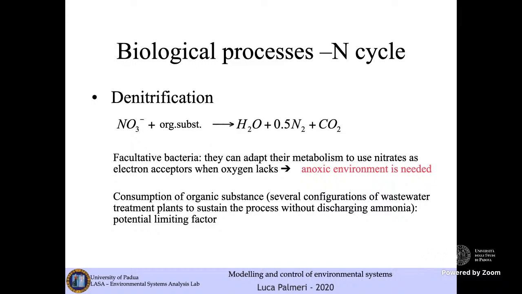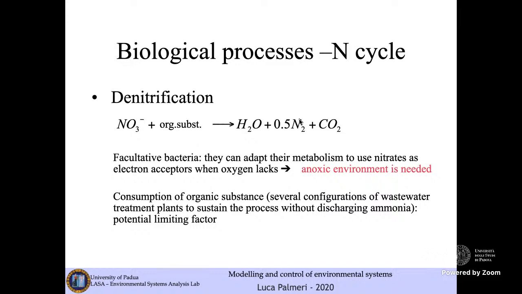Again, denitrification is a process in which you have nitrate plus organic substance, and then you obtain water and CO2. So this is a kind of oxidation process in which there is a net CO2 production. This process is carried out by facultative bacteria. They can adapt their metabolism to use nitrates as electron acceptor depending on oxygen concentration.